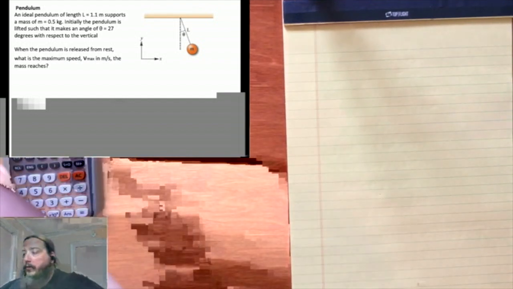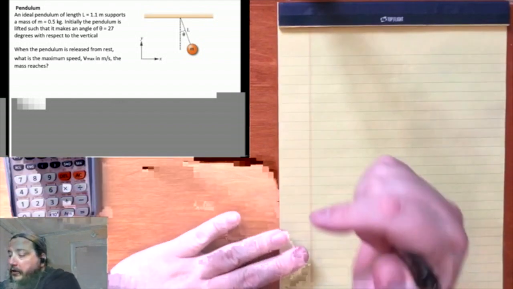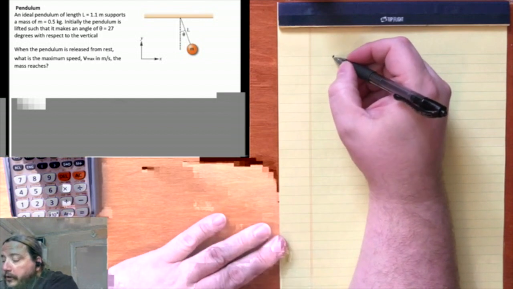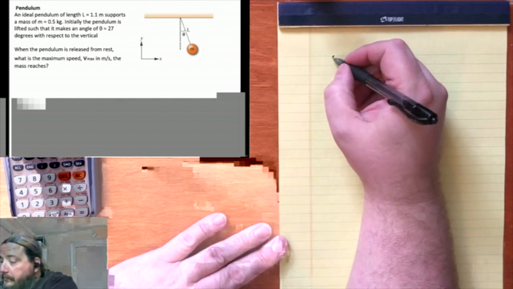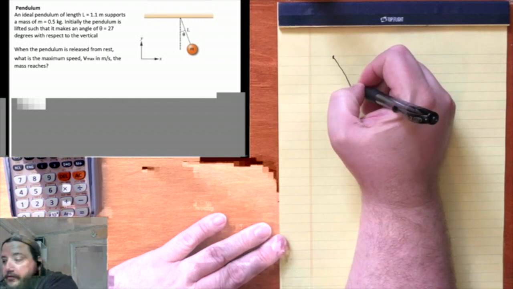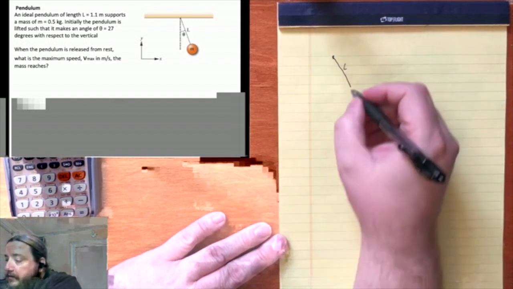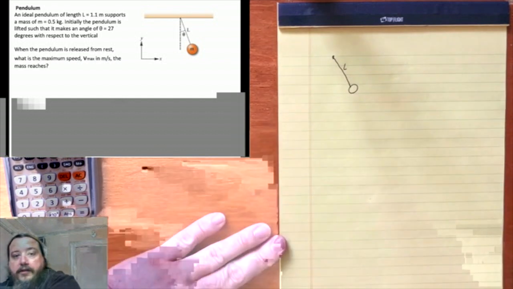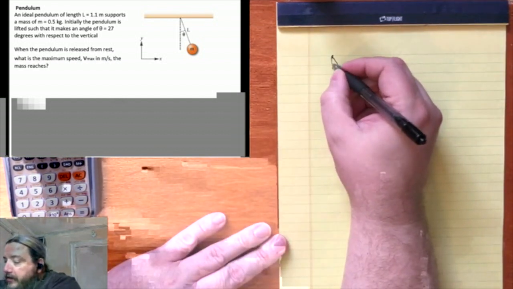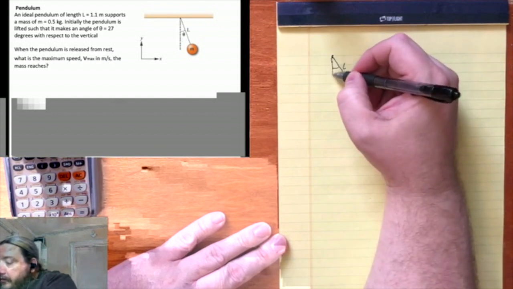All right, well, let's draw ourselves a picture. Always, always useful. So our first moment is going to be this one here, when our pendulum of length L is pulled out by this angle here, theta, from the vertical.